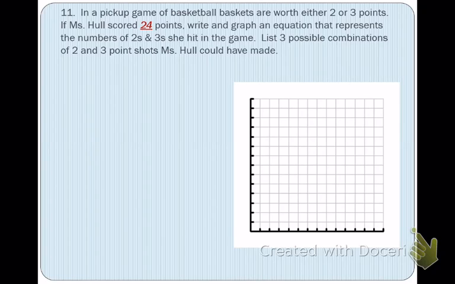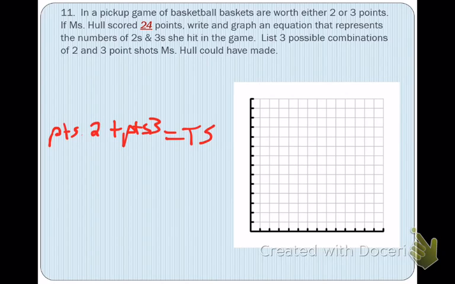So let's start with a generic representation first. In other words, Miss Hall had a total score, right? Where does that total score come from? Well, it comes from the points that she hit from 2s plus the points that she got from the 3s.